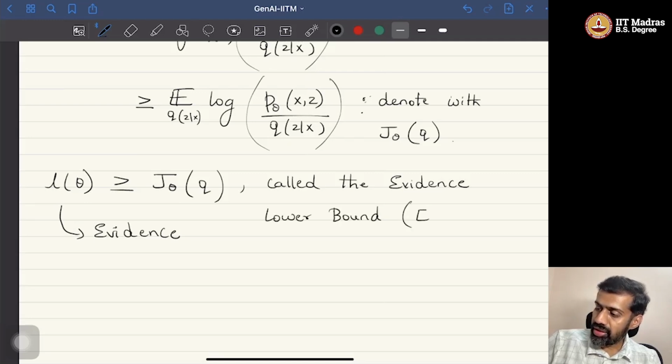People abbreviate that as ELBO. Evidence lower bound or ELBO.